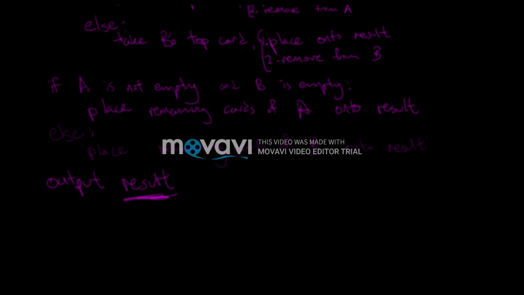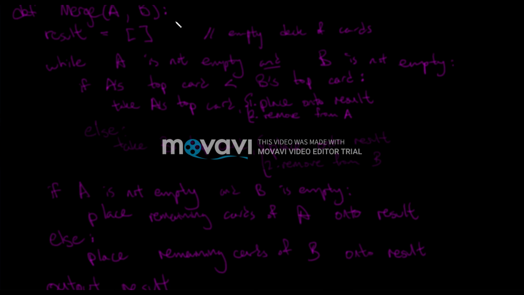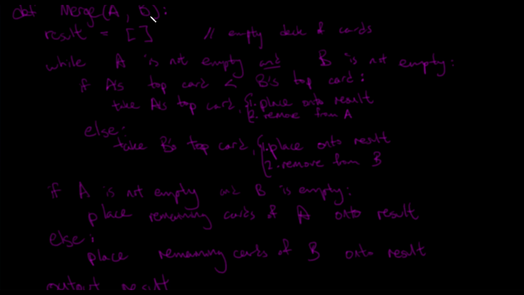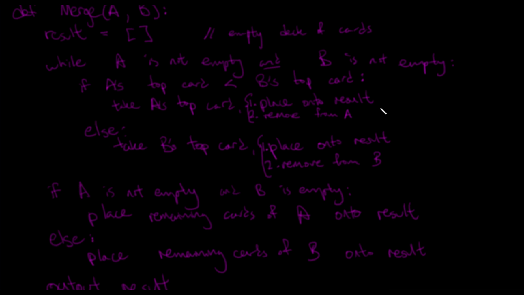So to go over what we did here: we define this merge function that takes two arrays, A and B, or two decks of cards, and we apply the rule that we came up with last time, which was to observe the two top cards of the two arrays and take the smaller one. If A was smaller, then we take that top card, place it onto our result, and remove it from consideration.